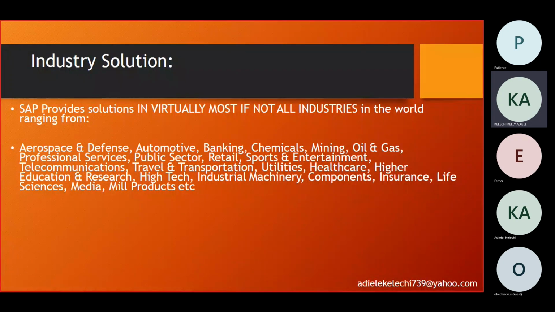Now, industry solution. SAP is available in virtually all industries you can think about: banking, chemicals, mining, oil and gas, any industry. And it has its own customized system. SAP comes with a pre-configured system. What does it mean?